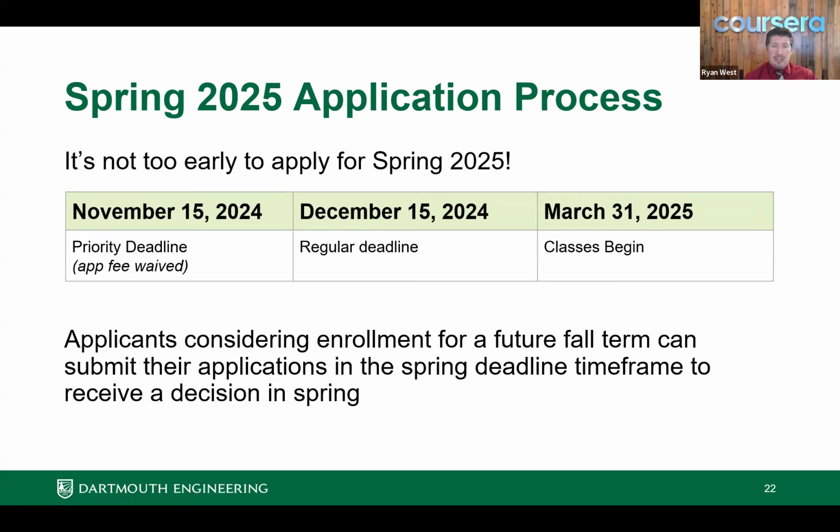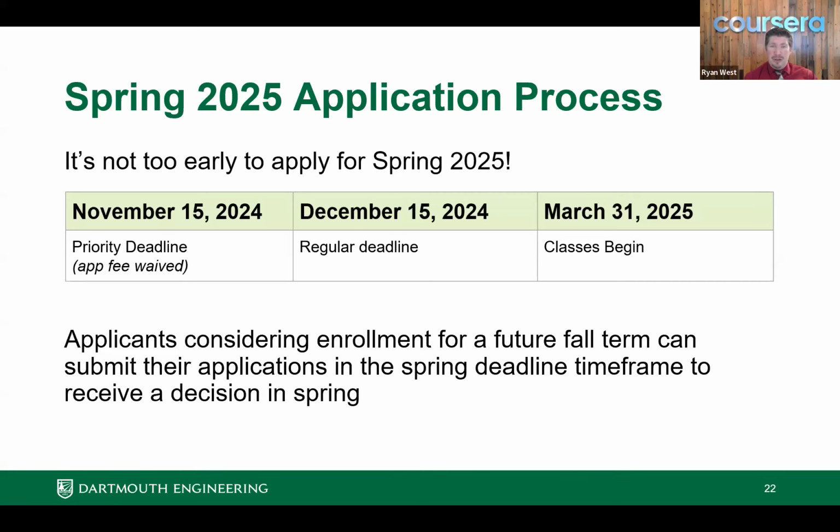If you get things in for the spring semester by the priority deadline of November 15th, you'll have the opportunity to have your application fee waived, and you will get a sooner decision. A lot of times people like to get decisions as quickly as possible, and it's always helpful to have any cost savings. So certainly look at that November 15th deadline if you're able to.